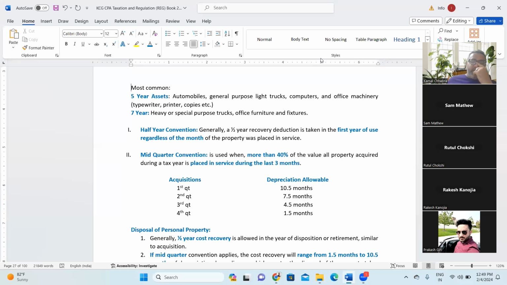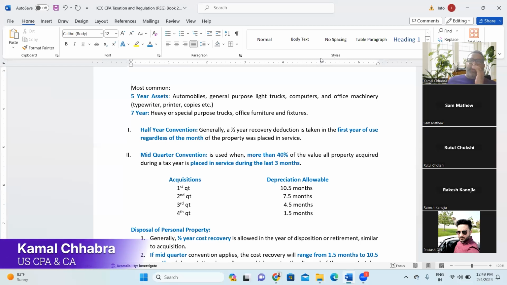So why have we mentioned this specifically? Because most of the time in the exam, we have seen 5-year or 7-year category assets being tested when you need to calculate the depreciation on personal property, right?